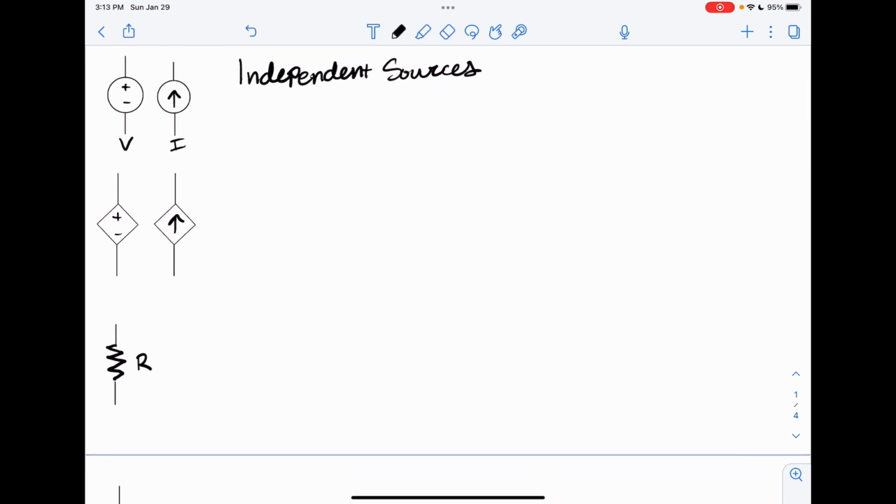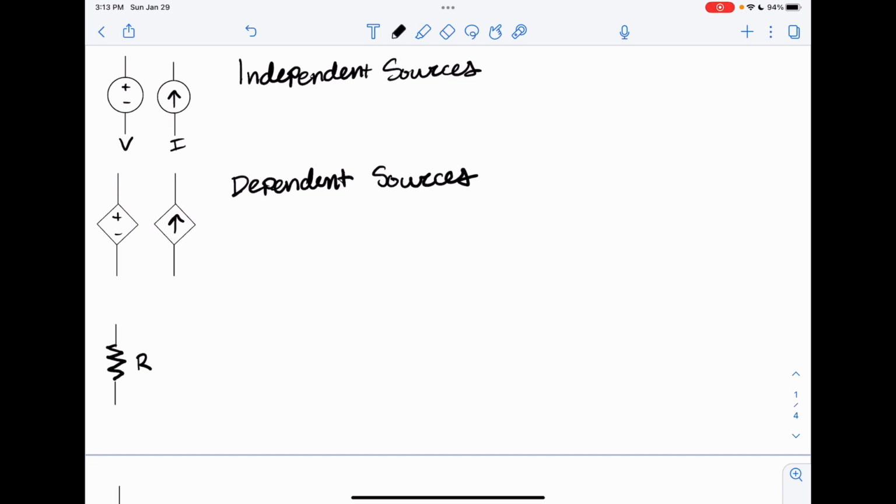Now you'll notice that those same polarity symbols and the arrow are in these diamonds down here. These are dependent sources. Dependent sources are like independent sources in some ways. However, they are dependent upon another circuit element in that same circuit. We'll see examples of this when we start working with more complex circuits. There are actually four types: voltage-controlled voltage sources, voltage-controlled current sources, current-controlled voltage sources, and current-controlled current sources.